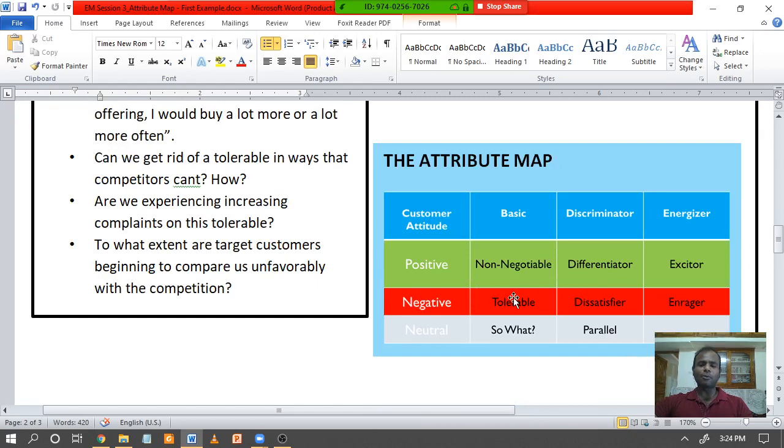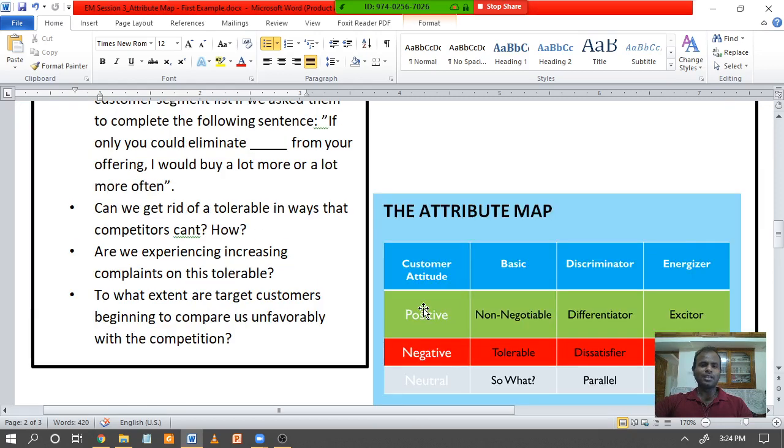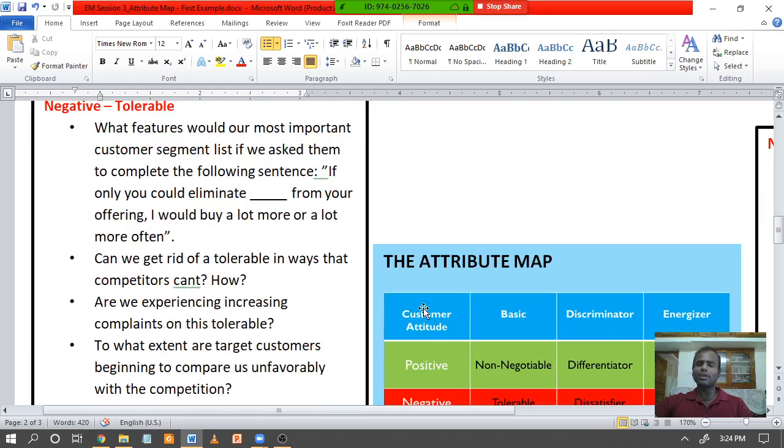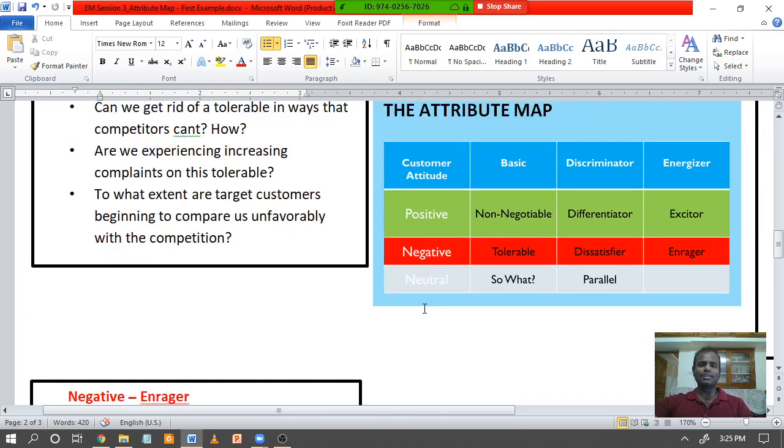Now this is very important. Most of the time we overlook this negative attitude, but let me tell you, this can threaten the existence of any institution or any business or any startup if not dealt with in time. In the attribute map, negative attitude is something that is very important.